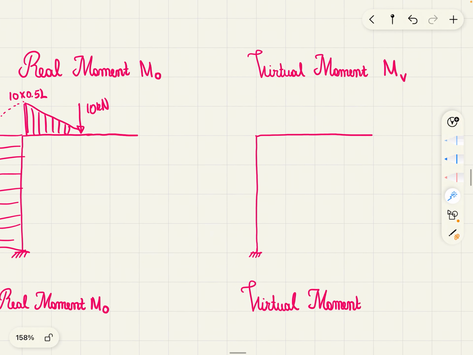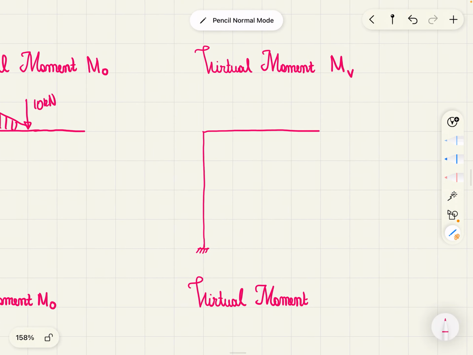and this is the point where we're going to have the same moment. Now let's draw the virtual moment. We draw a unit virtual force acting at the end of the beam. So this is where we're trying to find the displacement. So you apply virtual forces at the location where you're trying to find the displacement.